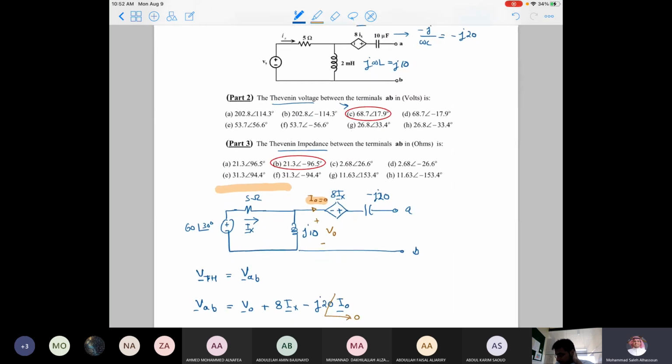You can either apply a test source and find the current, or you can find the short circuit current, and from the short circuit current you can take the ratio of the Thevenin voltage over the short circuit current, and this will give you the Thevenin impedance. So what I will do, I will use the second approach.